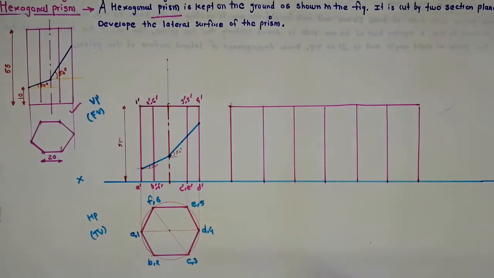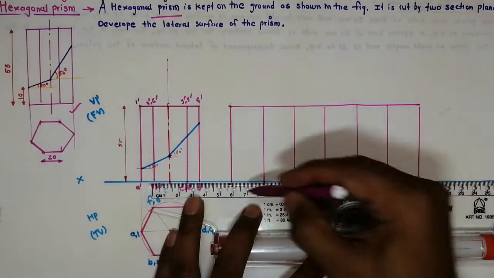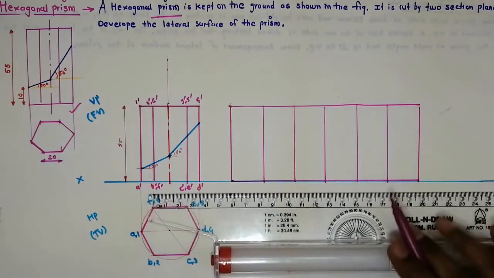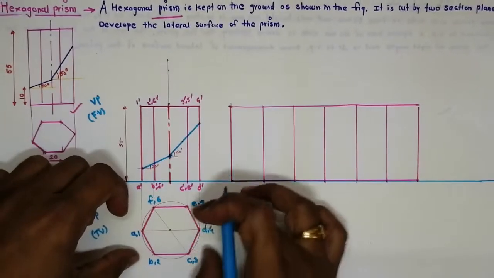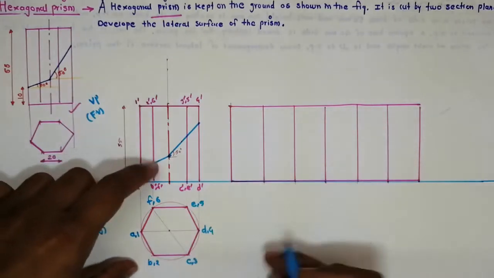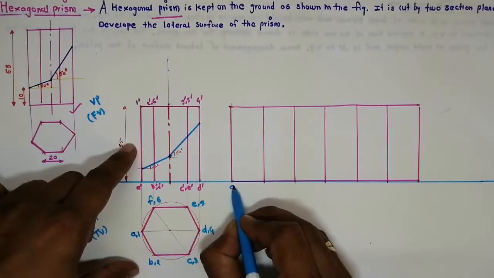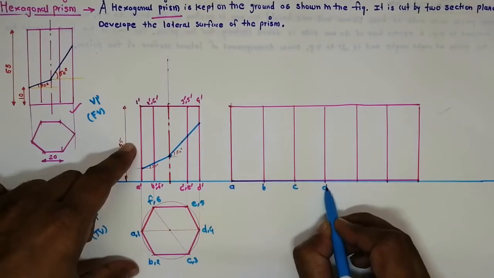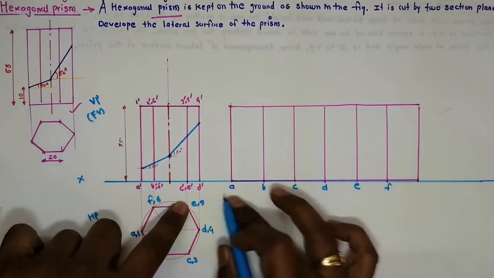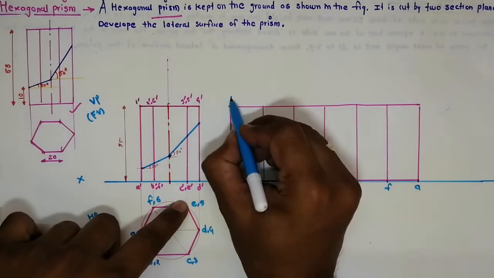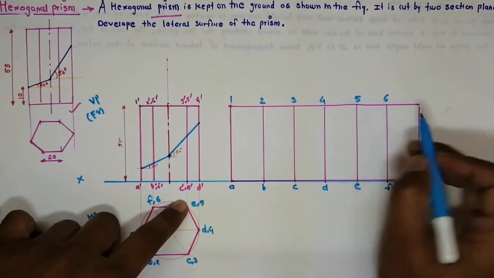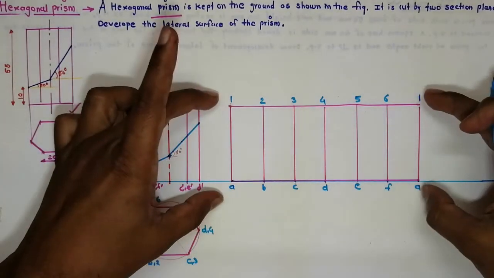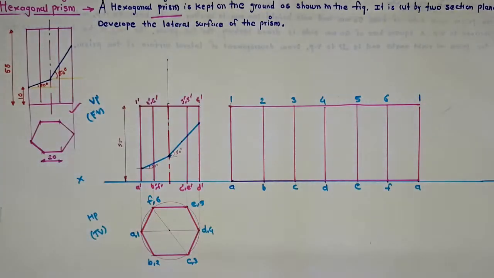Why 6 rectangles? Because it is a hexagonal prism. For each side we get 1 rectangle. So now the nomenclature is here: this is A, B, C, D, E, F, and the last one is again A. This is 1, 2, 3, 4, 5 and 6. The last one is again 1, because 1A and 1A will close together.